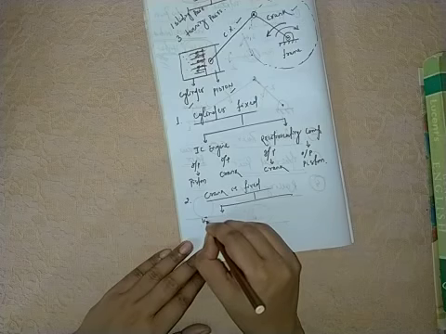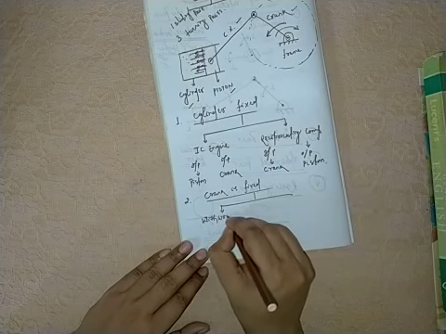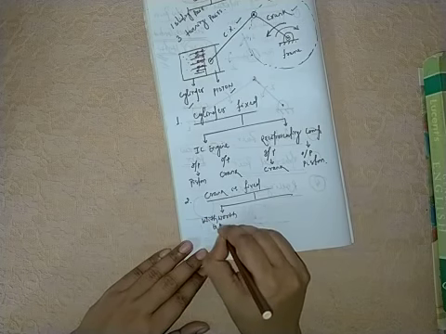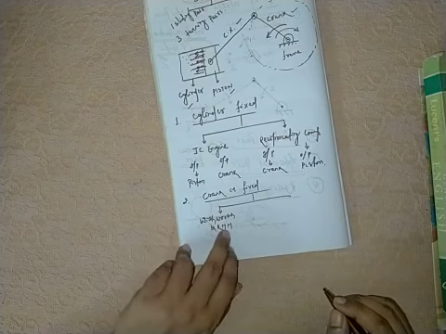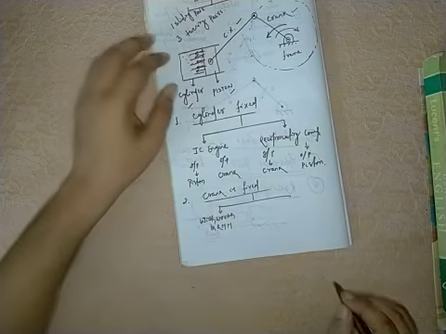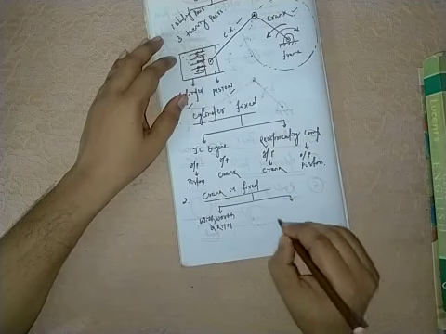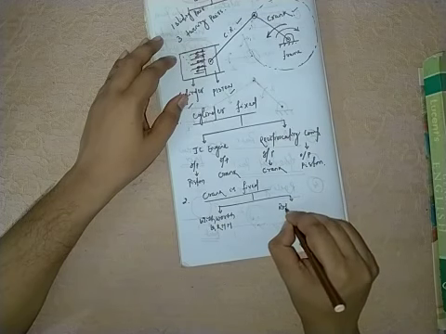One is your Whitworth quick return motion mechanism. I am shortcutly writing QRMM, quick return motion mechanism, and another one is your rotary IC engine.